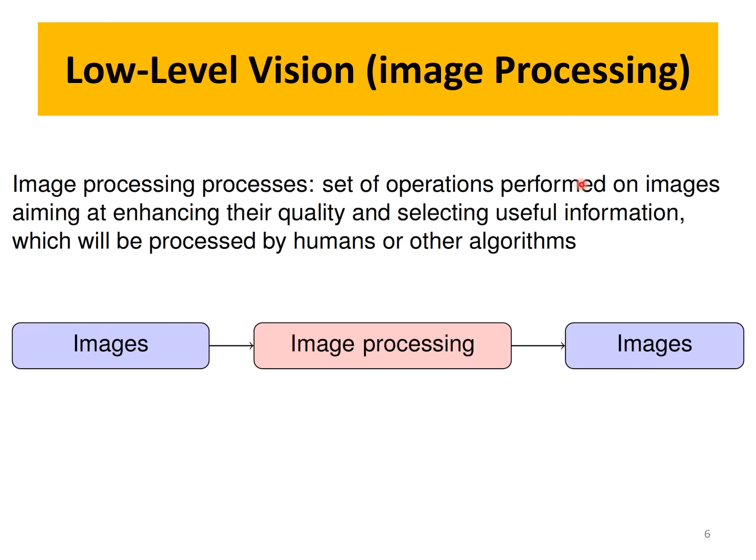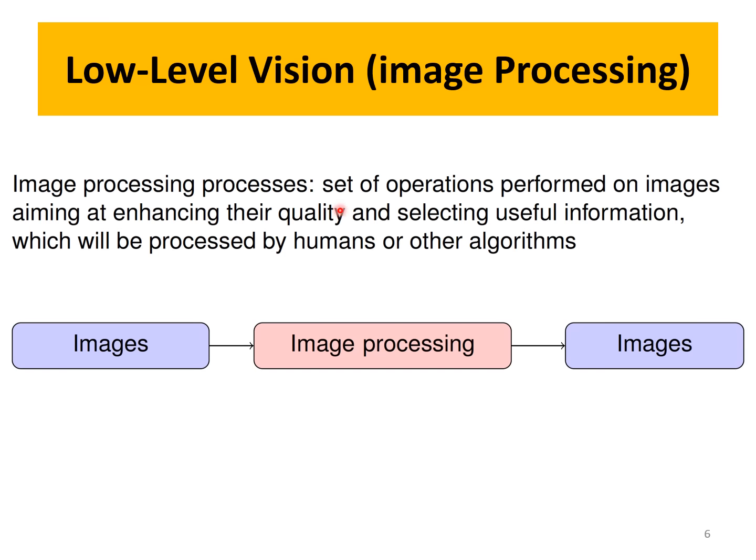We have the low level vision, that's what we call it, which is image processing only. We don't have analysis or understanding. So image processing is a set of operations performed on images, aiming to enhance their quality and select useful information, which will be processed by a human or other algorithms.